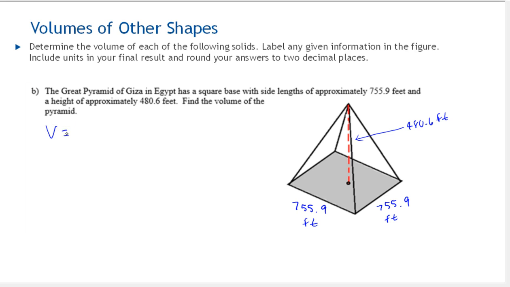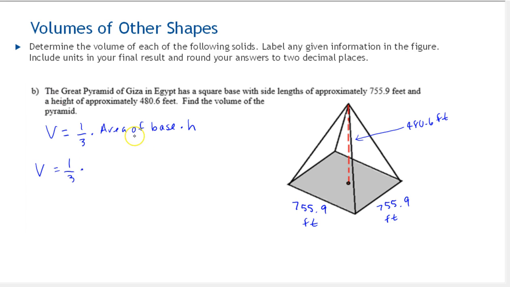Okay. So our formula for the volume of a pyramid is going to be 1/3 times the area of the base, where the base is the part perpendicular to the height, times the height. Okay, so we're going to put in these values. So volume equals 1/3.